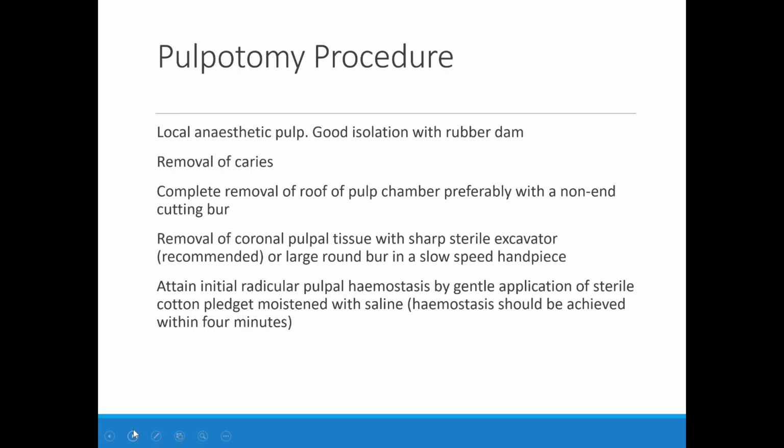Attain initial radicular pulp hemostasis by gentle application of sterile cotton balls moistened with saline, and hemostasis should be achieved within 3-4 minutes, mean 4 minutes.